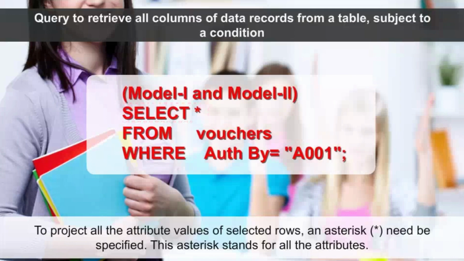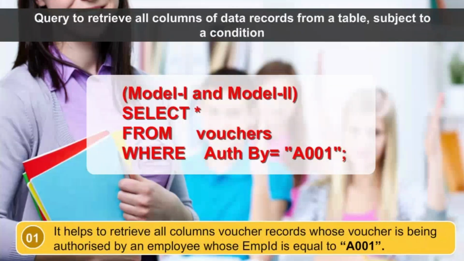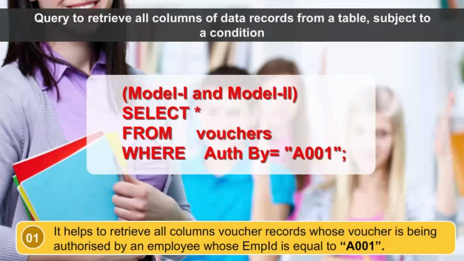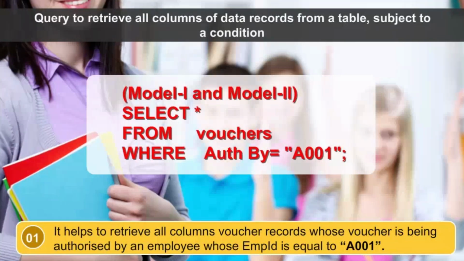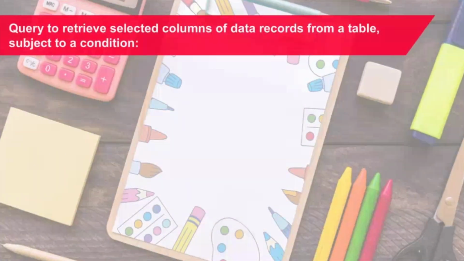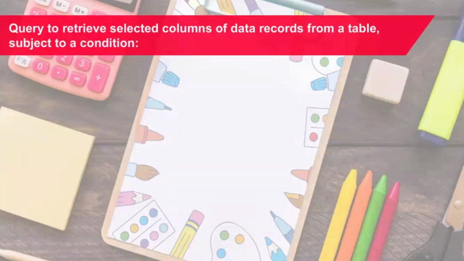This asterisk stands for all the attributes. 1. It helps to retrieve all columns of voucher records whose voucher is authorized by an employee whose employee ID is equal to A001.